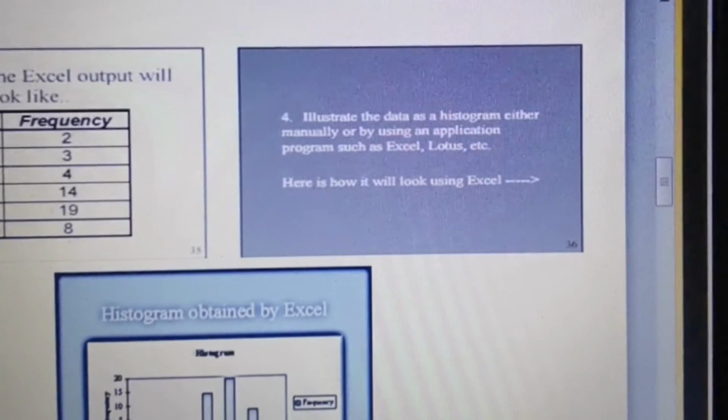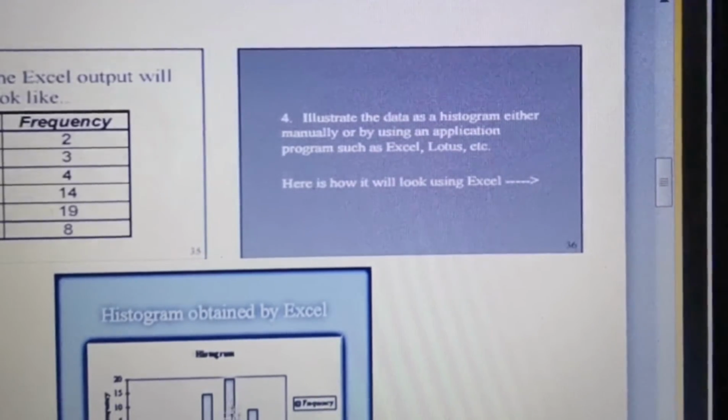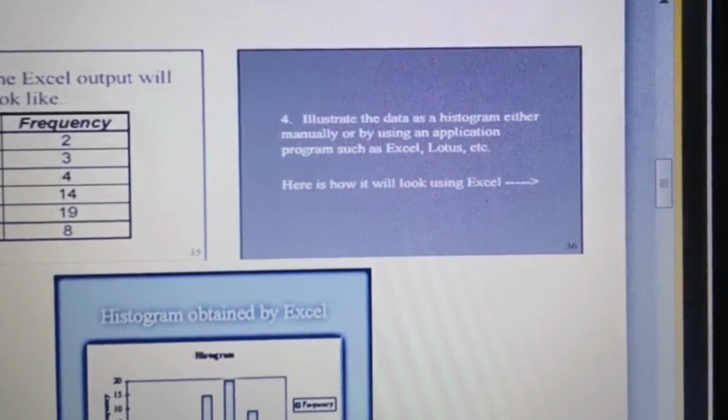So from 31 to 41 there are 2, and from 42 to 52 there are 3. Then you determine which range has the highest frequency. In the example data, 75 to 85 has the most students. This is just an example of their grades. Many students have grades ranging from 75 to 85.